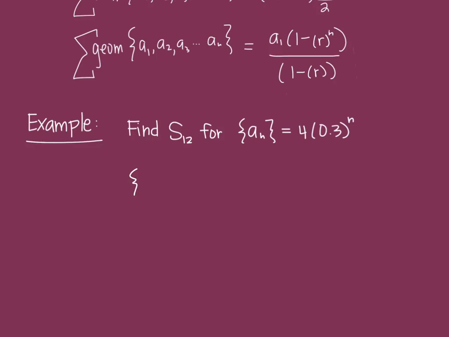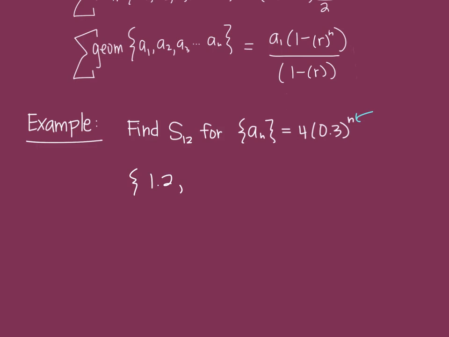Now we do need to write out a couple of them. So what's the first one and the second and the third? Remember, to find a sequence, you just start plugging in 1, 2, 3, 4, 5. So when we plug in the number 1 into this particular sequence, we're going to be putting 1 in for n right there. And when we put 1 in for n, our first value is actually 1.2.